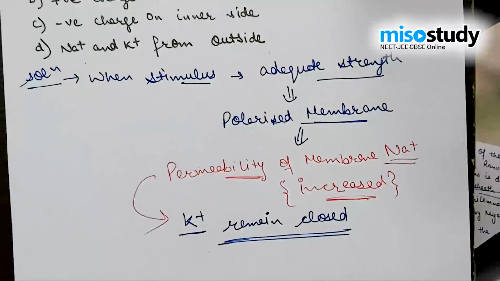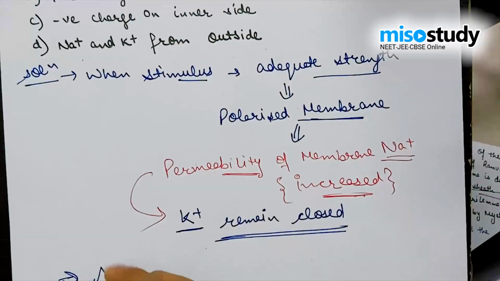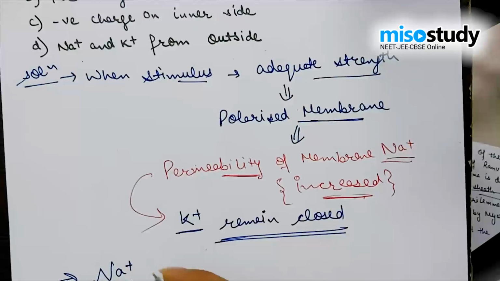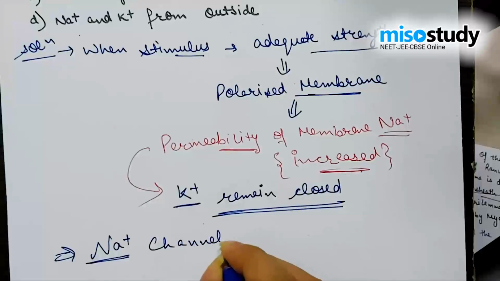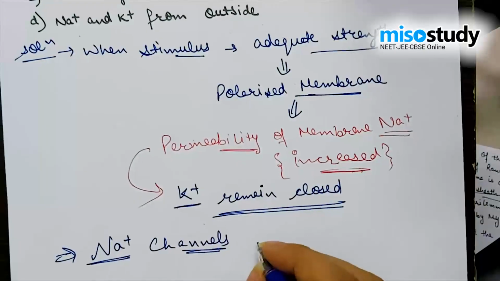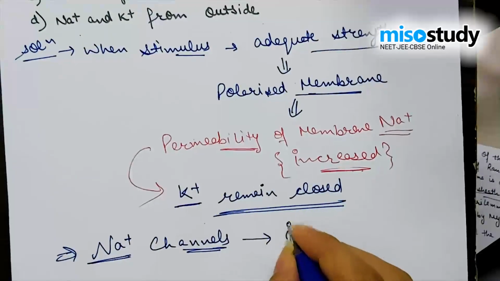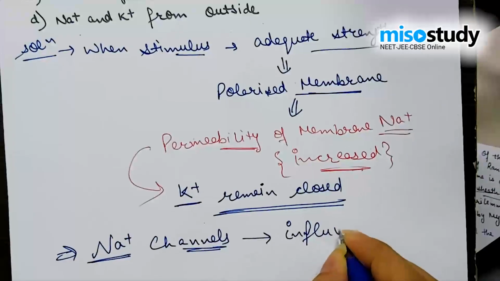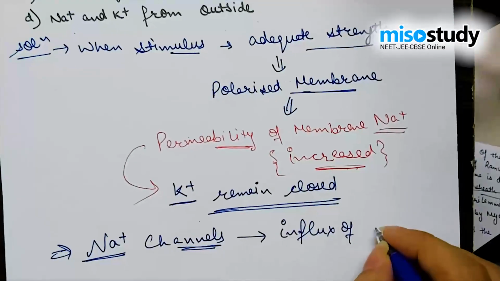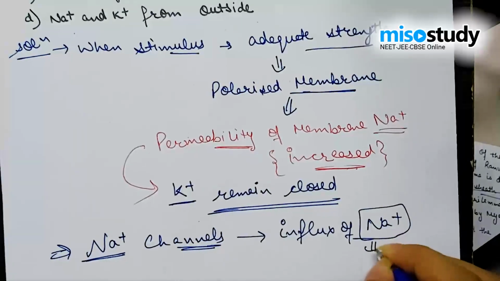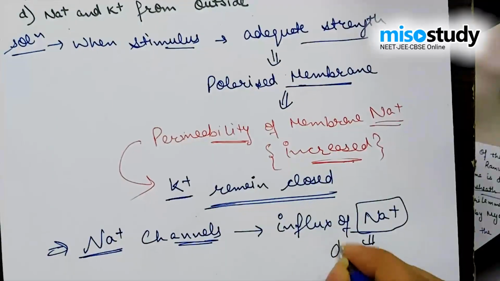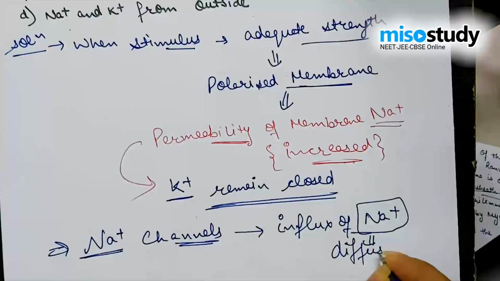As a result, sodium channels permit the influx of sodium ions, and this influx is generally attained with the help of diffusion.